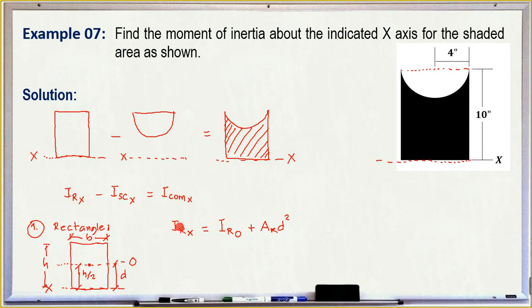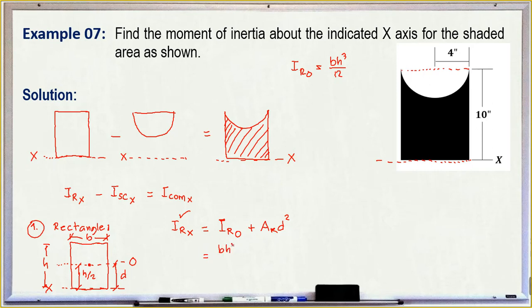So diri mao ni atong ipangita the moment of inertia of this rectangle along the x-axis. On the previous discussion, we already know the moment of inertia of this rectangle along its centroidal axis. So our I is equal to BH cubed all over 12. Ato na siya i-plug in diri.